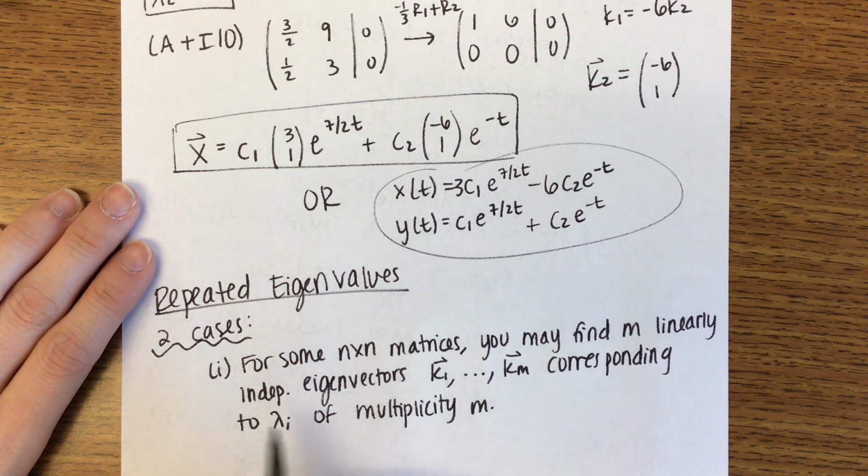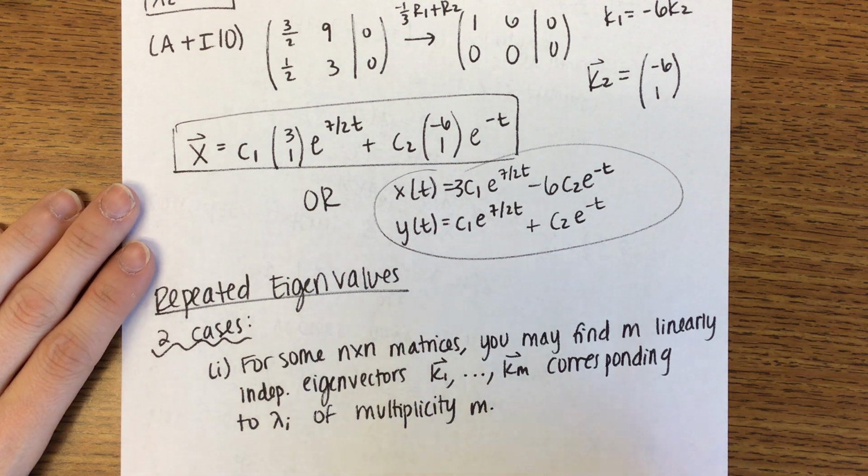So sometimes you're going to have an eigenvalue that has multiplicity m, and you will find m different eigenvectors.